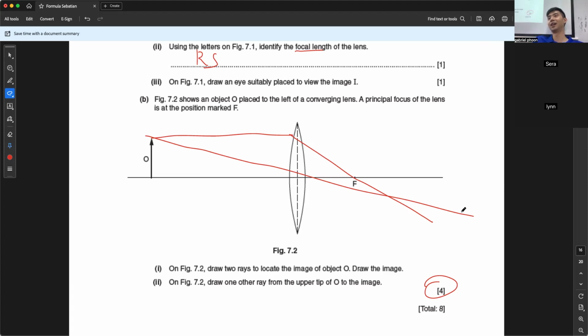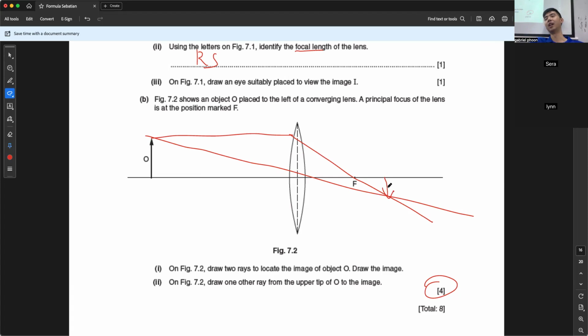That's where the problem is. The second light ray will always cut through the what? It's called the optical center. It will always cut through the optical center. From these two light rays, I locate where the image is, right?